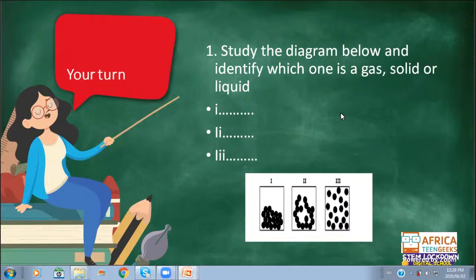Guys, I want you to answer them together. Make sure that you give the answer for I, the answer for II, the answer for III, and then you post.